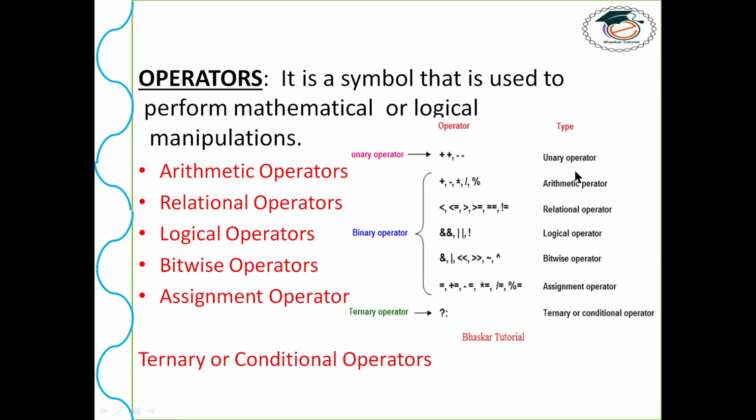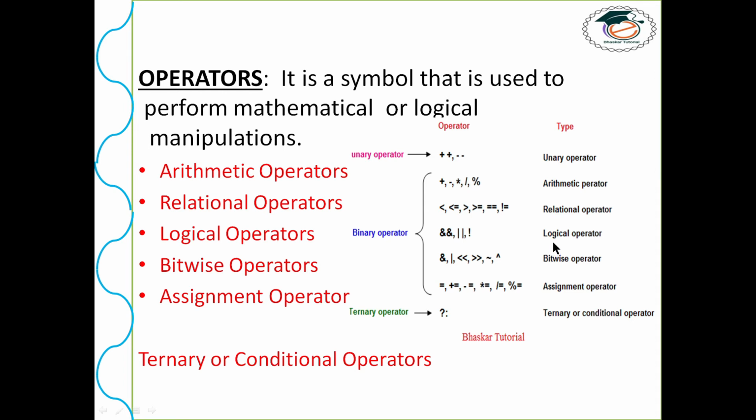I just left out the unary operator here. I did not give it, so do remember the unary operator. Basically there are unary operators, binary operators, and ternary operators, and under these the operators have been classified in different ways. Unary and ternary operators are single; they do not have any different branch. But binary has various operators.